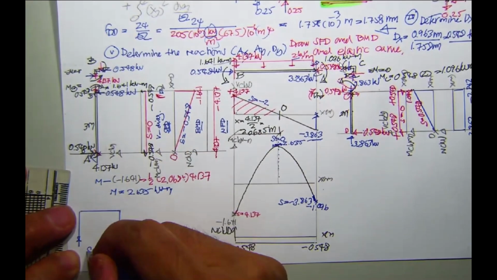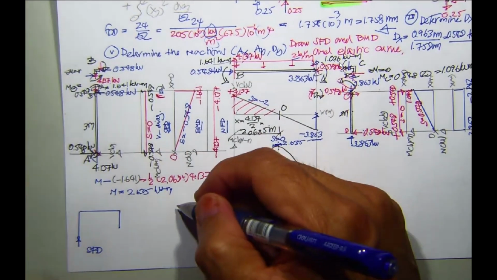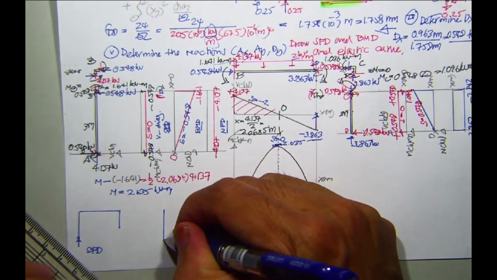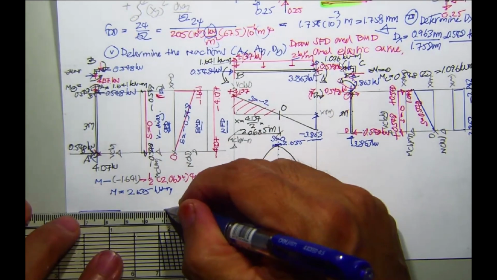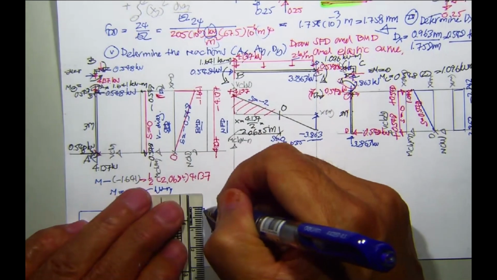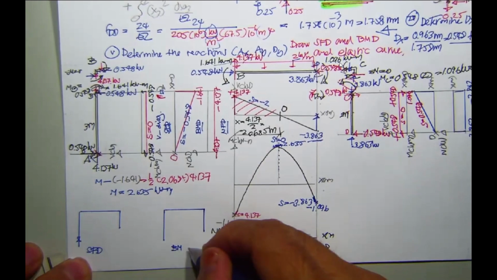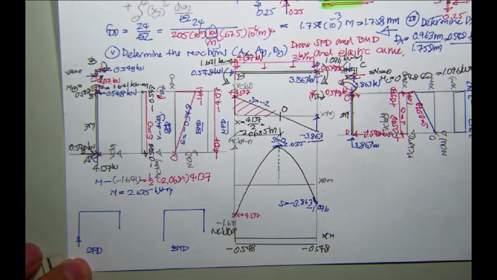The shear force diagram, and then also this is 1.343 meter, 4 meter, and 2 meter. Bending moment diagram. Copy all of this and put it over here.